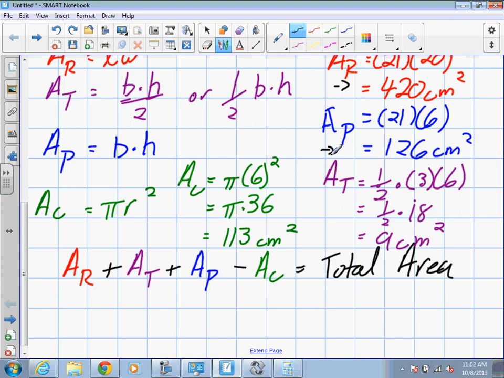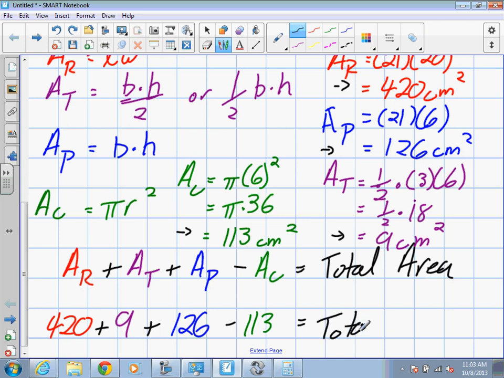Those are all the shapes we need. We're going to take their values. So we have 420 plus 9 was the triangle, plus the area of parallelogram was 126, and we subtract the area of the circle, which is 113, will give us our total area. I'm going to call it total area. Okay.